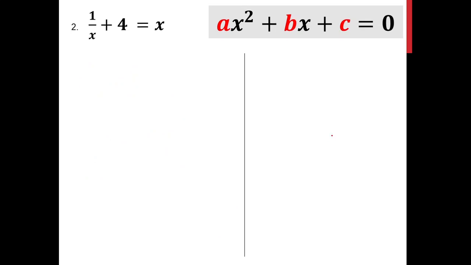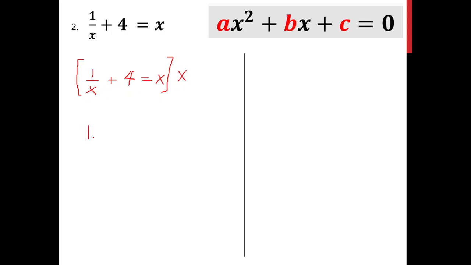Let's have another example. I have here 1 over x plus 4 equals x. Again, we have a fraction here, so I'll just bring it down. The only way to eliminate that fraction is to multiply the entire equation by the denominator of that fraction. So you have x. 1 over x, this will cancel out the x here, leaving us with 1.